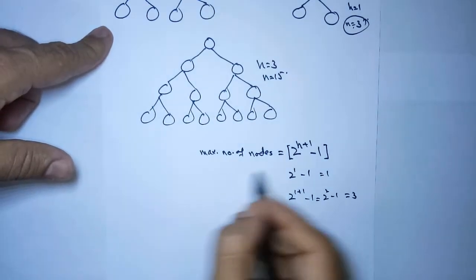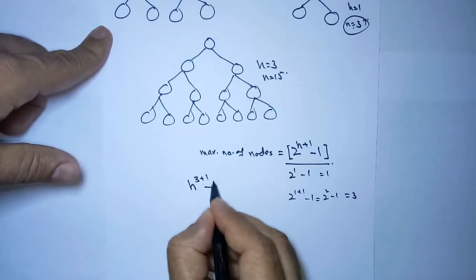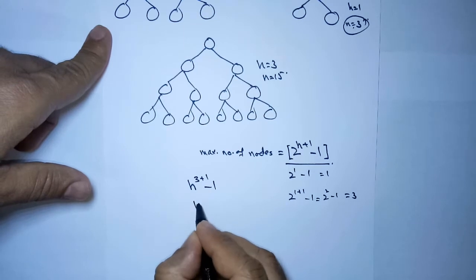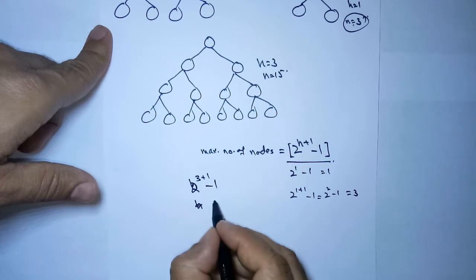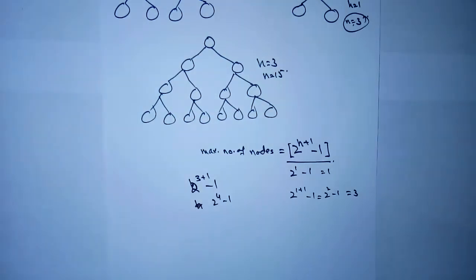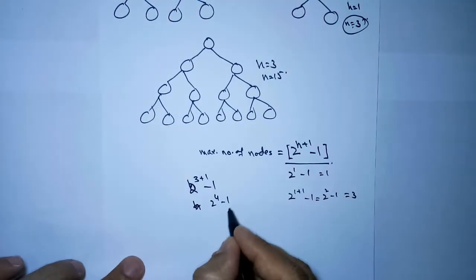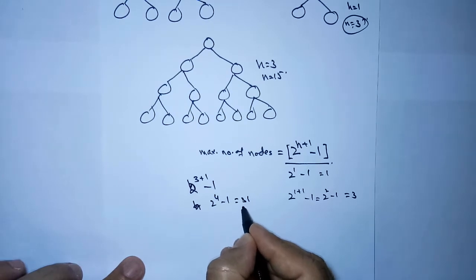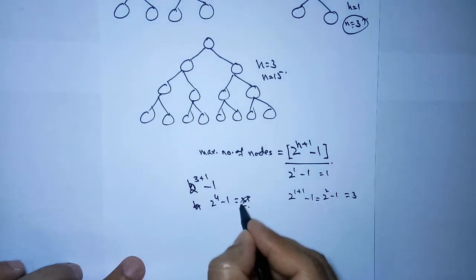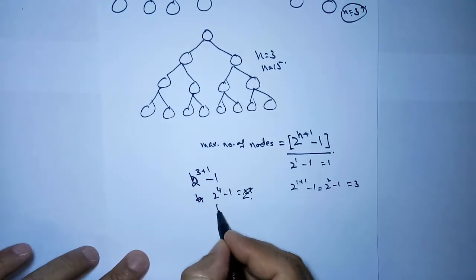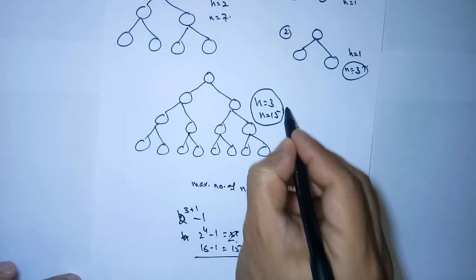Let's substitute in this formula: 2 to the power of 3 plus 1, minus 1. 2 to the power of 4 minus 1. 2 to the power of 4 is what? 2 to the power of 4 is 16, minus 1, that is 15. So the number of nodes with height 3 is 15.